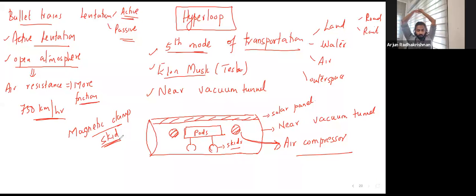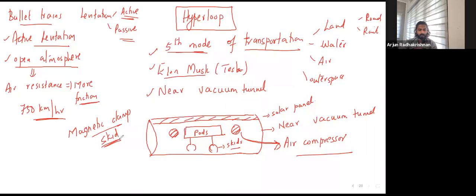And when the skid is lifted, the train moves. So you move down the skid and you pull up. If it is moving down, it will touch the ground and the train will stop. So it is using the skid that the train will stop.